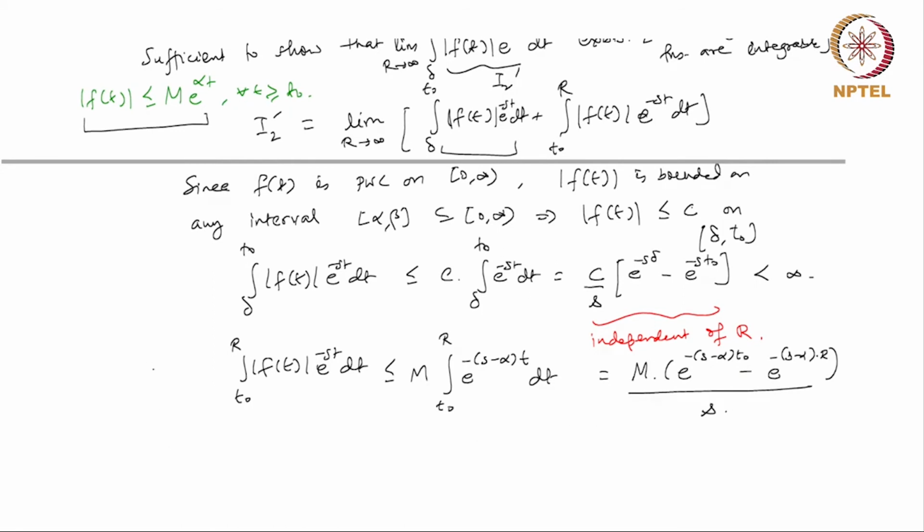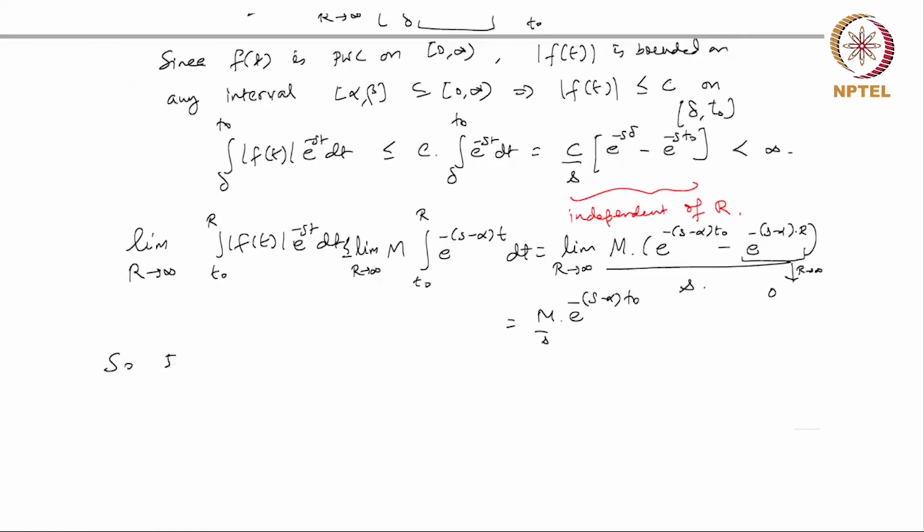Now we take the limit as r tends to infinity on both sides. The term containing r goes to 0 as r tends to infinity, so the limit is simply M times e to the power minus (s minus alpha) t naught over (s minus alpha).